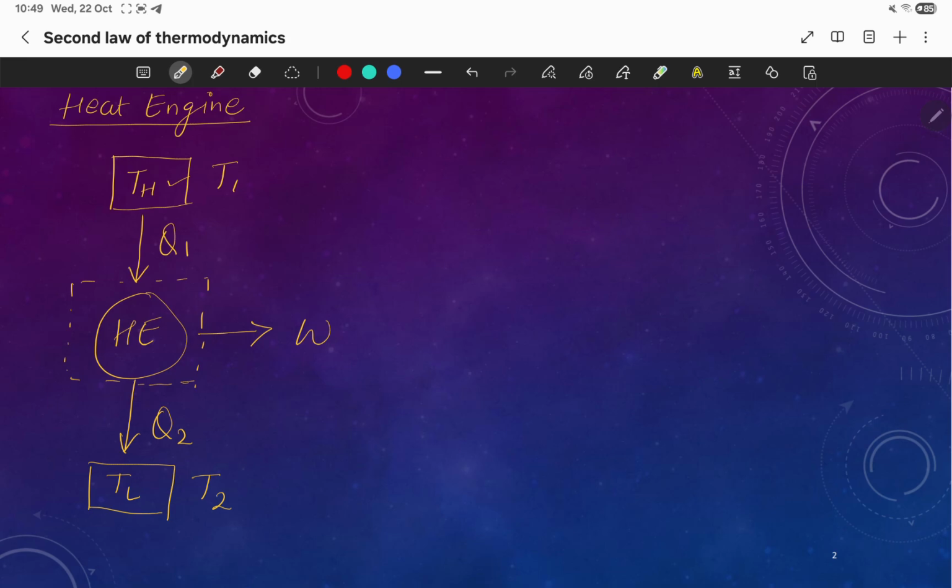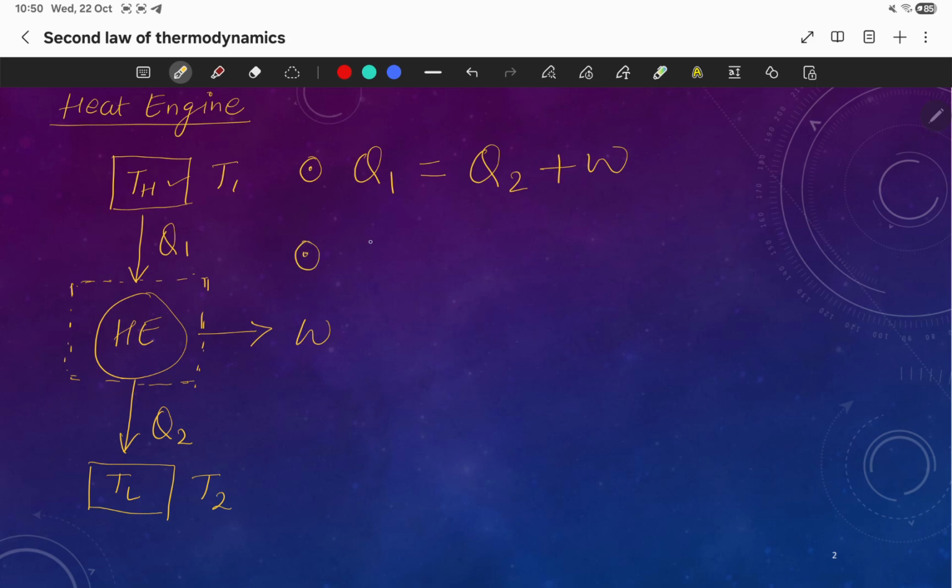Whenever we get any system like this, a heat engine or refrigerator, the first equation that comes to mind is conservation of energy. So if this is our system, Q1, the energy in, equals Q2 plus W.